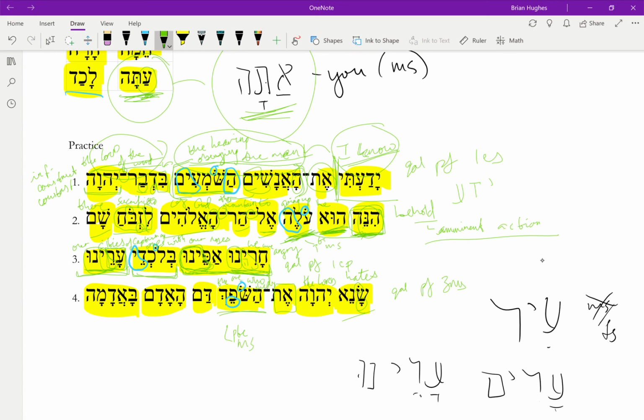And here we have dam ha'adam. Dam is the word for blood. That's been a vocab word for us. Ha'adam is the man or humanity. So we have the blood of the man or the blood of humanity. Ba'adama.